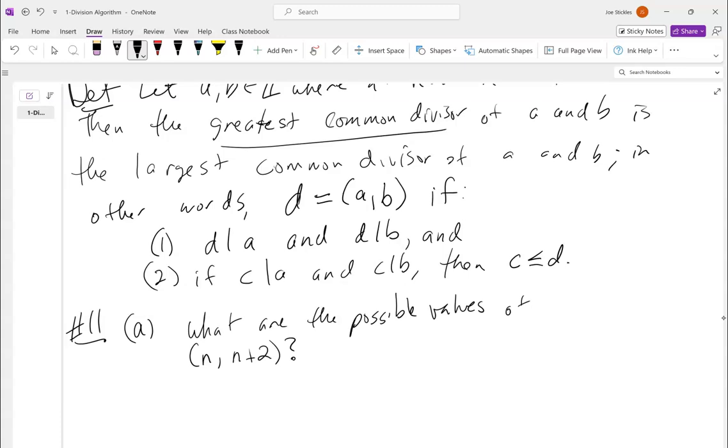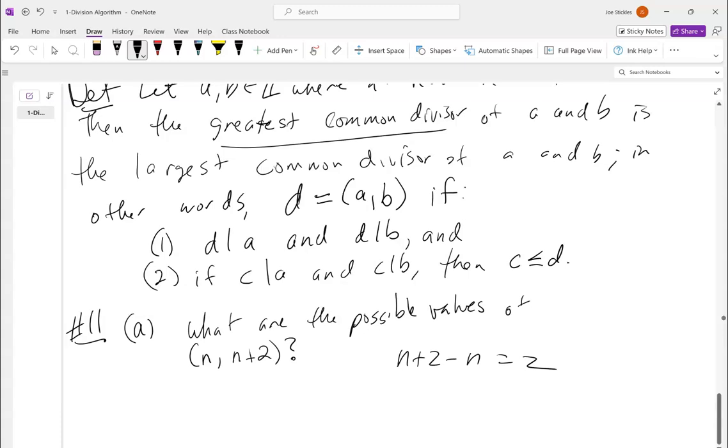How can I combine n and n plus 2 and get rid of the n? No matter what the n is, how can I combine the n and the n plus 2 and get rid of the n? Yeah, so I do the n plus 2 minus n. So if I do n plus 2 minus n, I get 2, right?